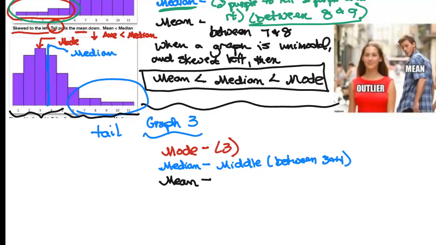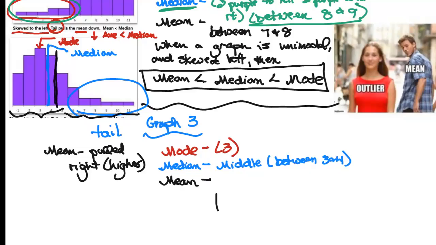No, because you have some of these higher numbers, the mean is going to be pulled to the right, which is higher. Okay, so your mean is probably going to be somewhere in here, at the black line.